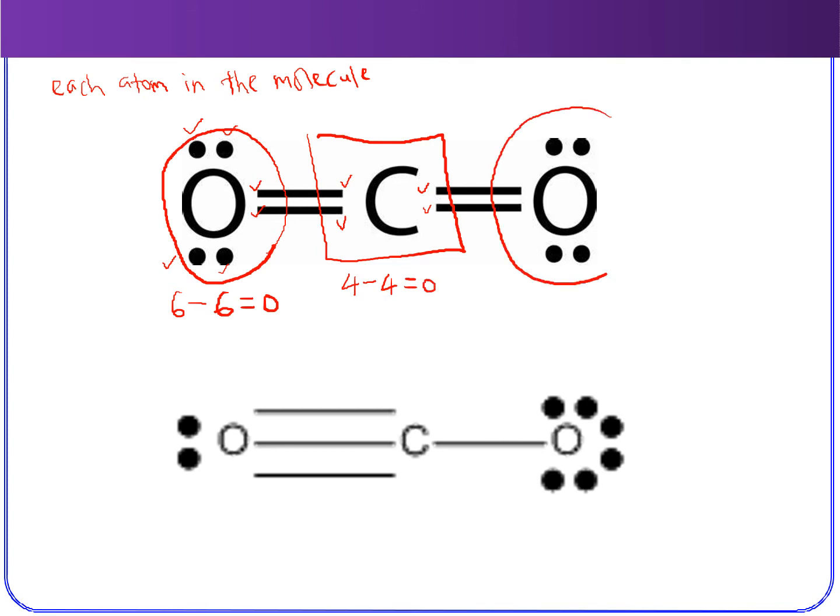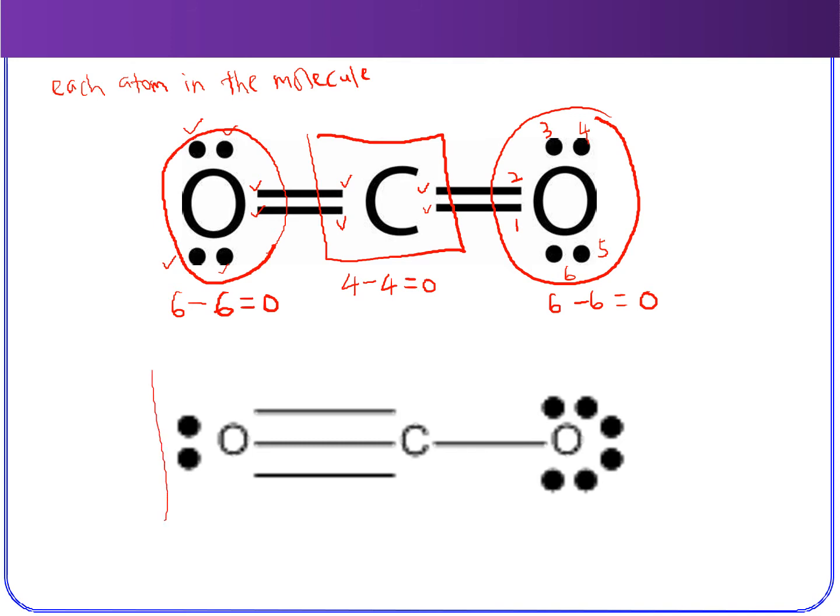Now the next oxygen: 6 valence electrons minus 1, 2, 3, 4, 5, 6, minus 6 equals 0. So that means the formal charge for each atom is 0.